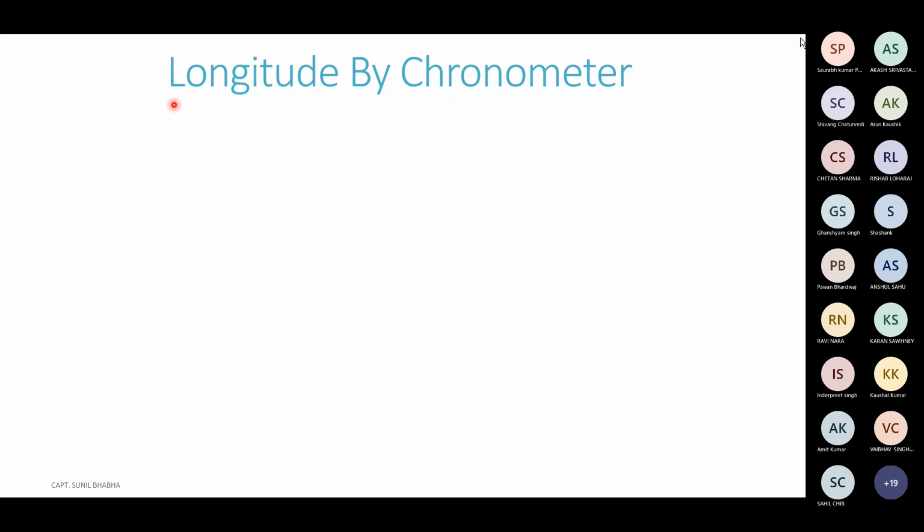Now, in our first method, which was latitude by meridian altitude or MURPAS, we have seen that by obtaining the altitude of a body at the time of meridian passage, we are able to obtain a position line which matches with the latitude of the observer, and we call it observed lat. Now, the meridian passage method is very quick, easy, and convenient to do.